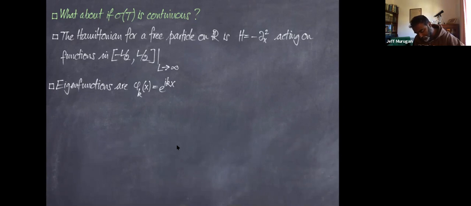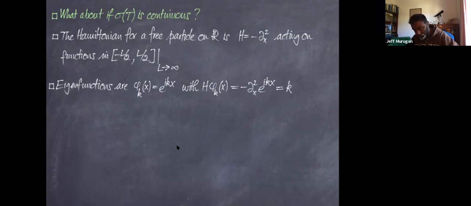And since H acting on these phi_k of x's is minus d_x squared acting on e to the i k x, each derivative pulls down a factor of i k. So this just gives me a minus k squared, which cancels with the minus sign there.